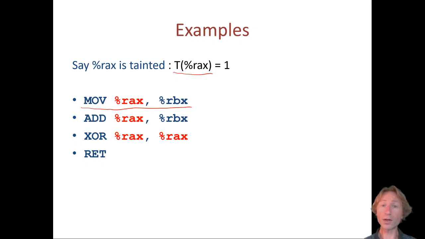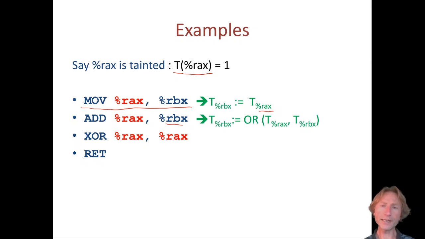So a move of RAX into RBX means that the taint of RBX will now be the taint of RAX. And if we add RAX and RBX, likewise, we also have to propagate the taint. Since we combine these two, we also combine the taint values. So the taint of the destination register, RBX in this particular case, will be the combination, the OR, of the taint of RAX and the taint of RBX.